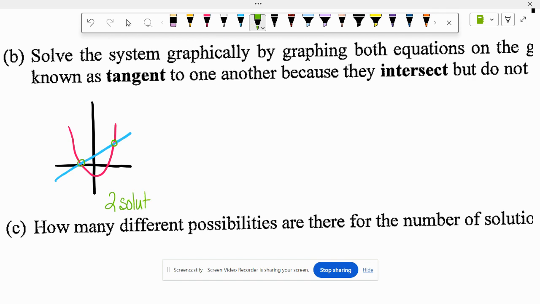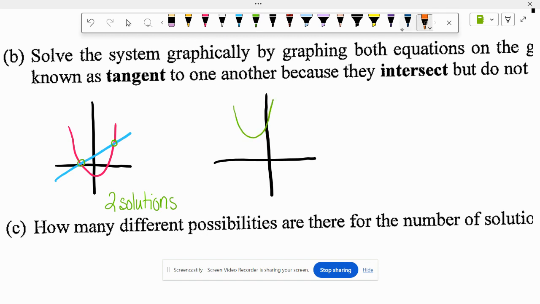Here's an example where a linear and a quadratic would give you 2 solutions. My next one, I'm going to draw an XY axis, and I'm going to put a parabola on there, and a linear function just like that. It just touches it.